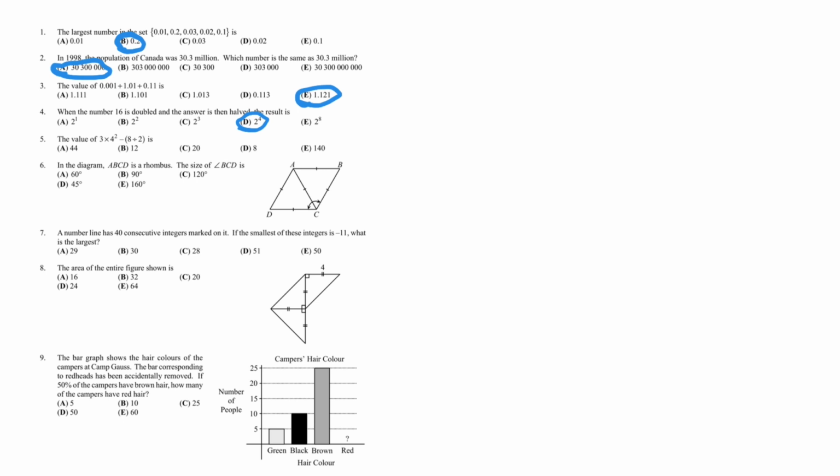Number 5, the value of 3 times 4 squared minus 8 divided by 2 is? So 3 times 4 squared minus 8 divided by 2.